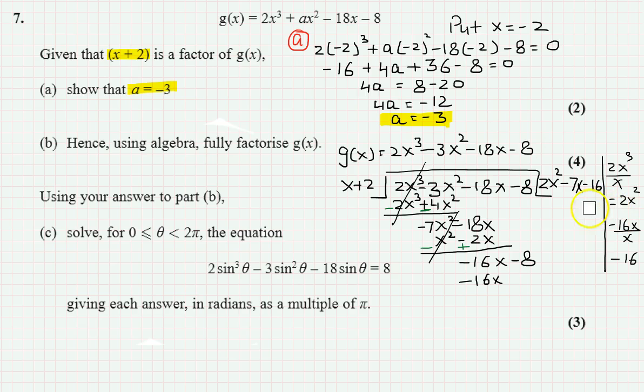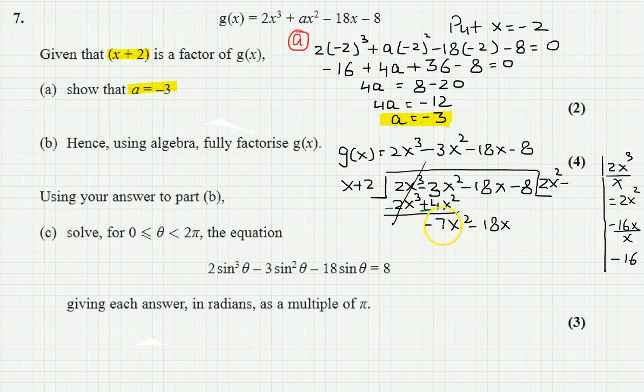Let me rectify it completely from here. Yes, let's redo it. This is negative 7. Both are negative, so we add it, minus 18x.